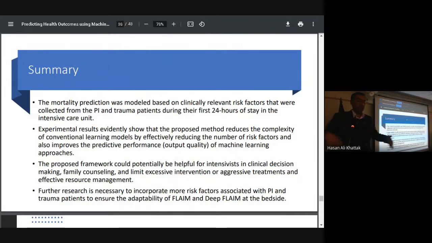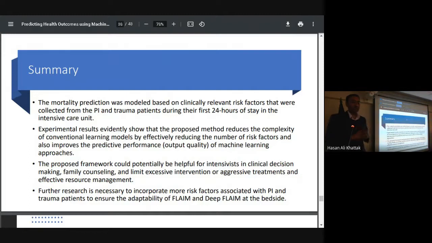The overall summary from these results shows what we have learned so far. The mortality prediction model in this experiment was based on clinical risk factors collected from PI and trauma patients, and we considered the first 24 hours of stay in the intensive care unit. We just took the data of the 24 hours.